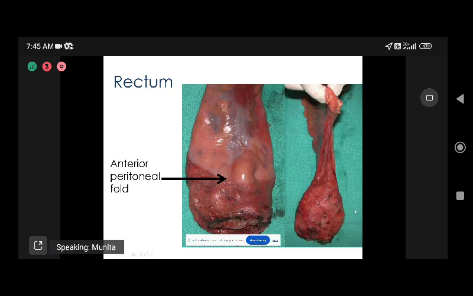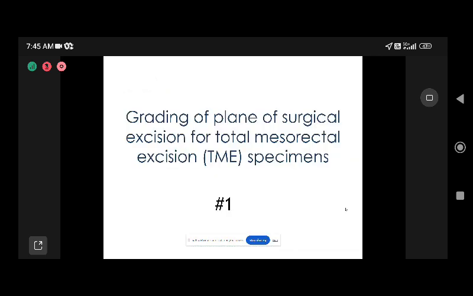And this is the posterior aspect, and posteriorly you can see there is a triangular bare area which corresponds to the non-peritonealized surface, or the CRM, the circumferential resection margin. So again, we have still not opened the specimen.